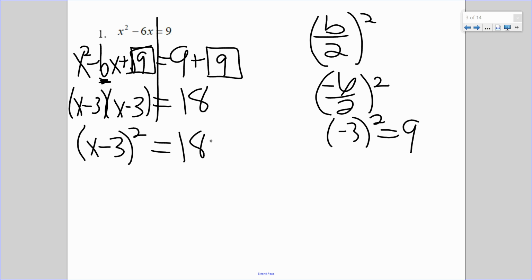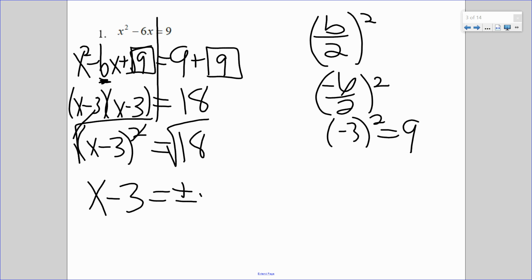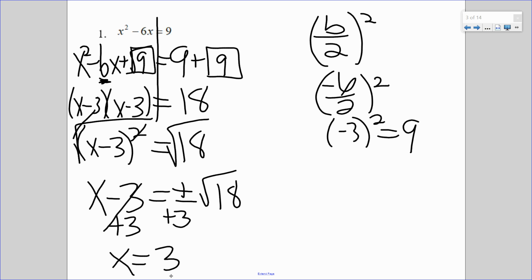So I'm going to now take the square root of both sides to get rid of the square. When you take the square root of something, it's plus or minus radical 18. Now I'm almost done. I want x by itself, so I'm going to add 3 to both sides. Write the number first, plus or minus rad 18.